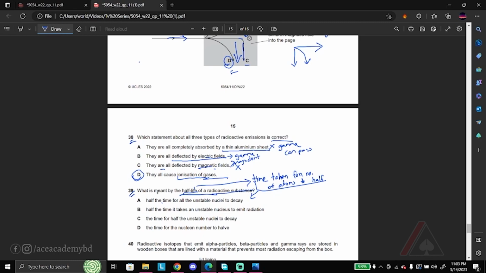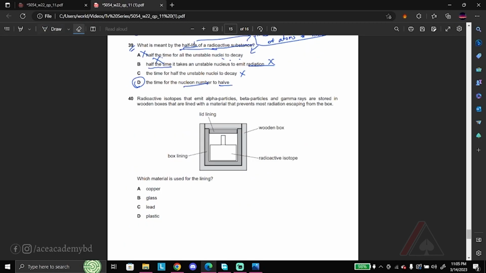Half the time taken for all unstable nuclei to decay: not correct. Half the time it takes an unstable nucleus to emit radiation: this is also not correct. Time for half the unstable nuclei to decay: also not correct. The last option says the time taken for the nucleon number to halve, which is true. Well, let's move on to question number 40.